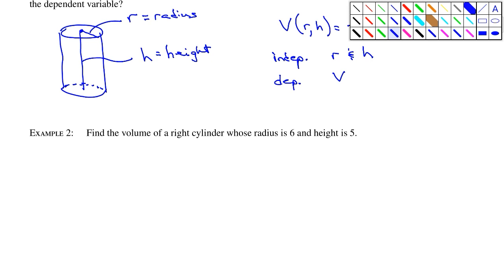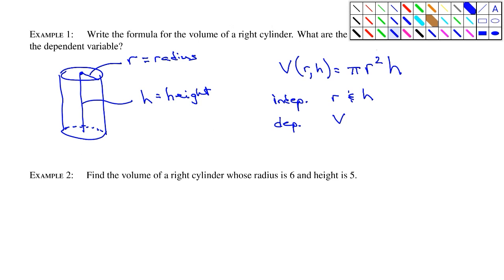Example 2 says, find the volume of a right cylinder whose radius is 6 and height is 5. So if I use my function, then what this is asking for is v of 6 comma 5. Now notice that the order that you enter the numbers corresponds to the order in which the variables were named in the original function definition.